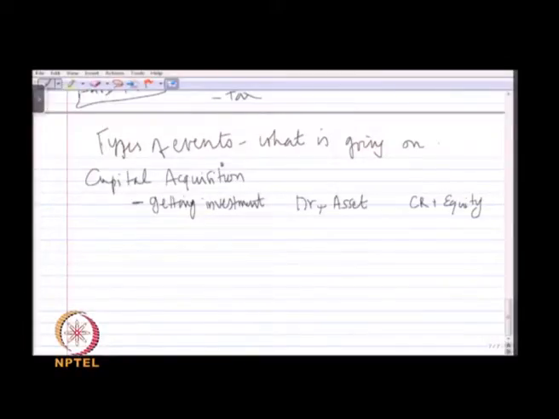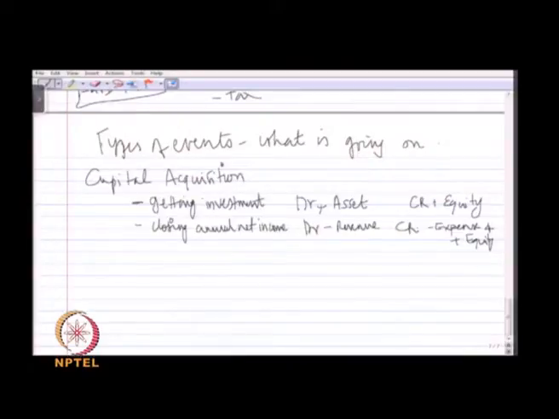Or let us say you are closing annual net income. Then it is debit revenue, credit all expense and increase in equity.